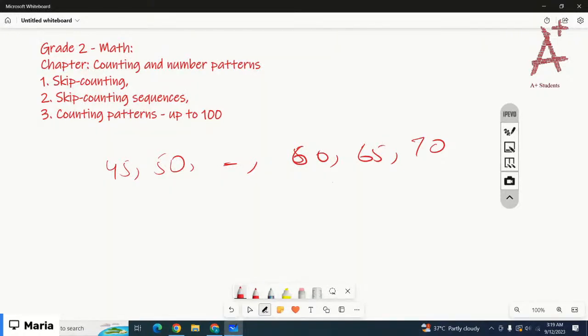The number that is missing in the pattern is, very good, 55. How do you know how the pattern is increasing?